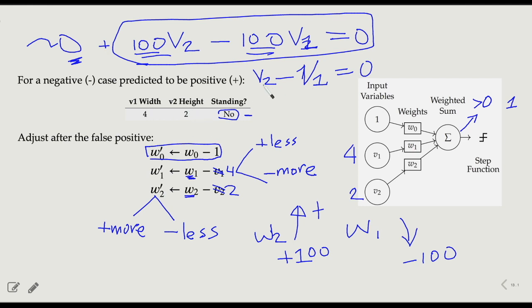If height V2 is greater than V1, then you are going to predict positive. Otherwise, you're going to predict negative. So this is the way the single perceptron learns to identify the linear function. And again, it's learning by mistakes.